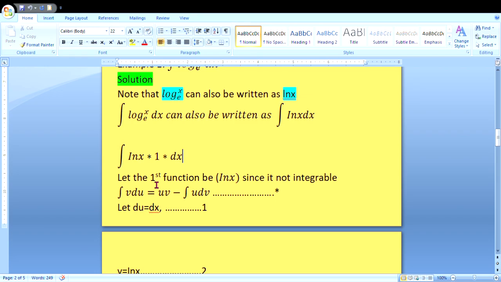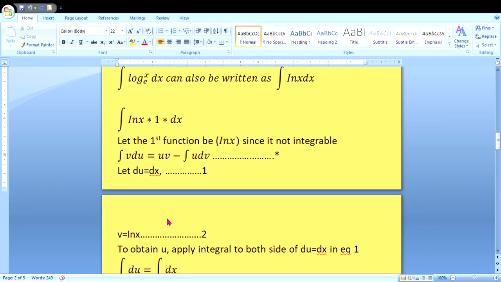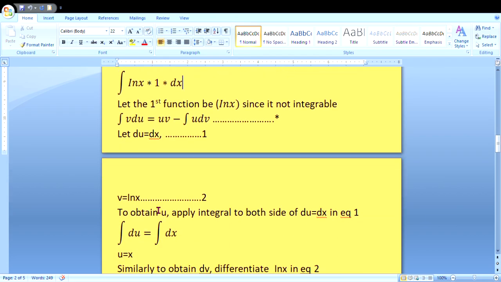So if one is not integrable, then the other one should be differentiable. The integral of u dv is equal to uv minus the integral of v du. So now let our dv be equal to dx. Then that means that our u is equal to ln x, because ln x is not integrable.